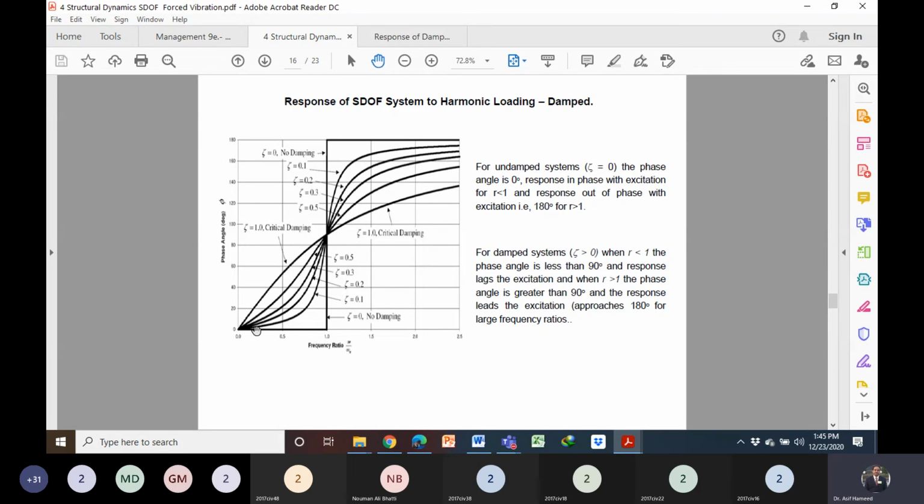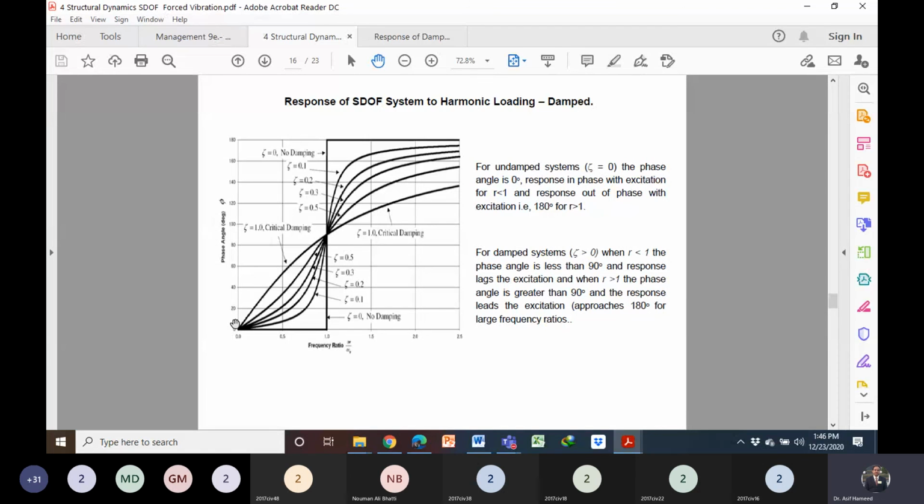Let's see how the phase angle will change with the damping ratio. For the damped system, damping is greater than 0. Again, when the frequency ratio is less than 1, look here. Damping is not equal to 0 and the frequency ratio is less than 1. This part: the phase angle is less than 90 degree and the response lags the excitation.